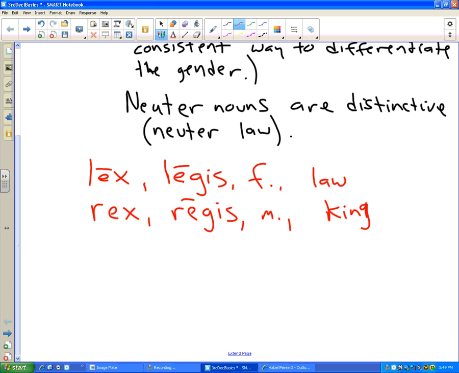The point of showing you these two vocab entries is once again to emphasize that just on the basis of appearance, there's no way to tell the gender of these nouns, so you're going to have to work extra hard to memorize the gender.